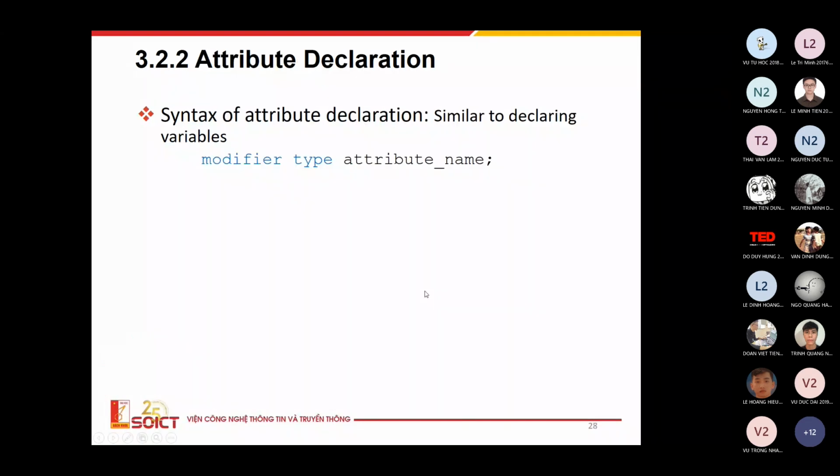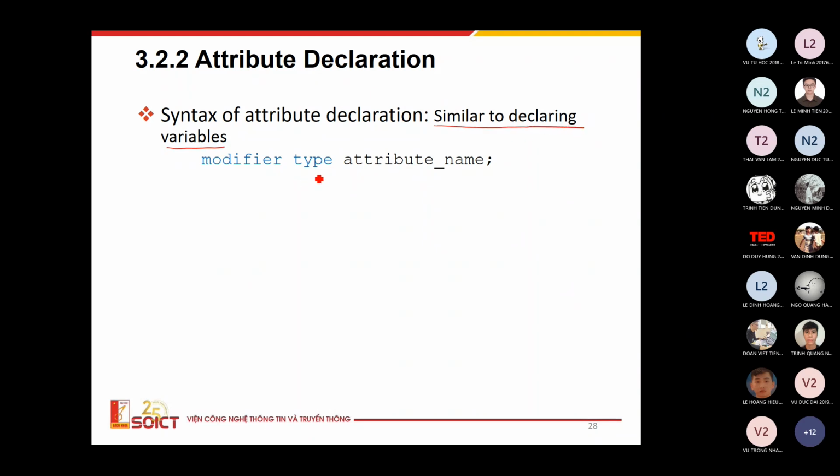Okay. So we move to how you will declare the attribute. You know how to declare the class, and now you will know how to declare the attribute. You know that the attribute is something like the property of this object. So you will use the same declaration as for a variable.